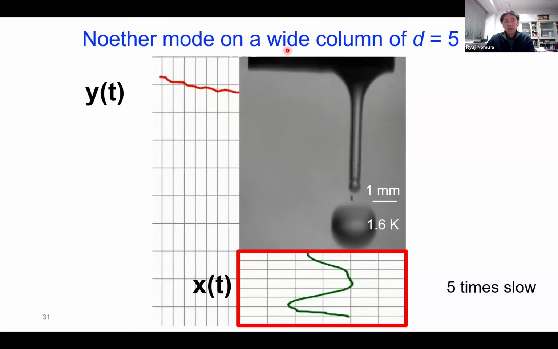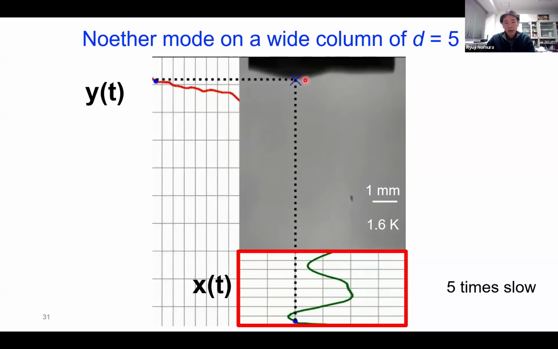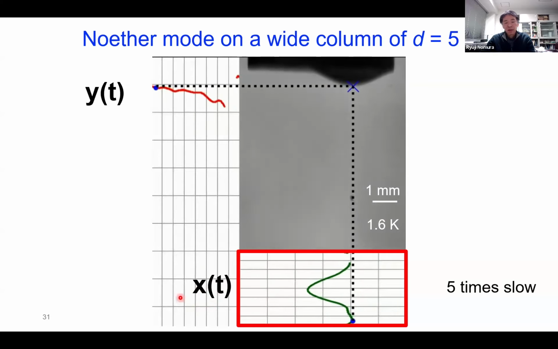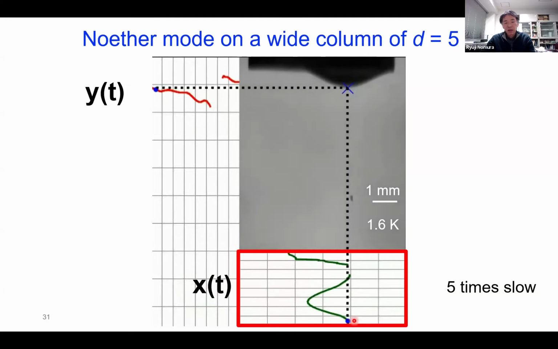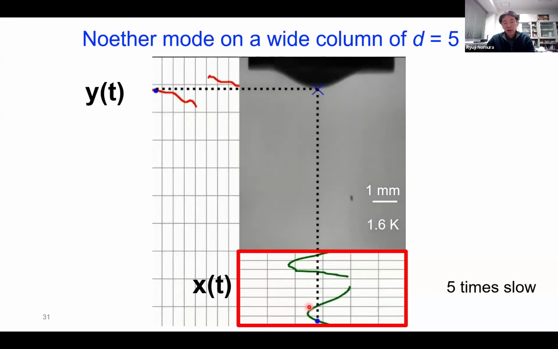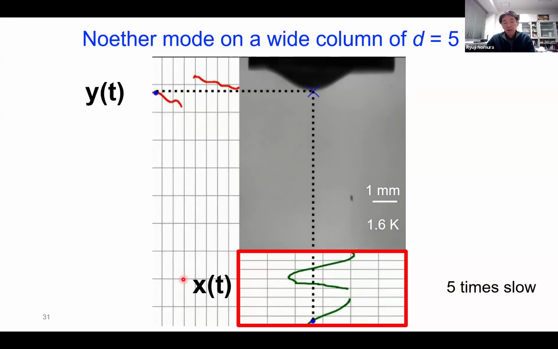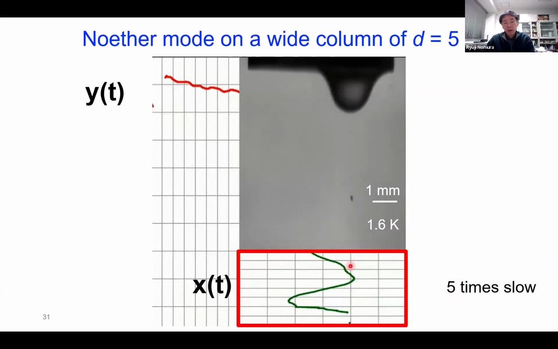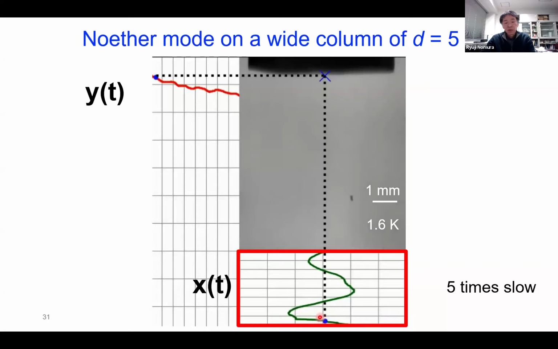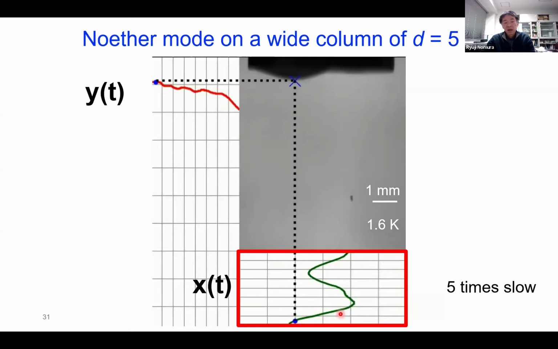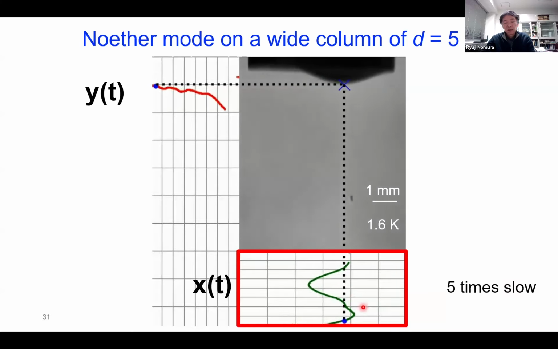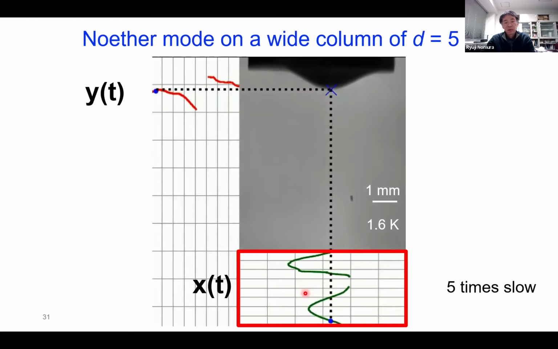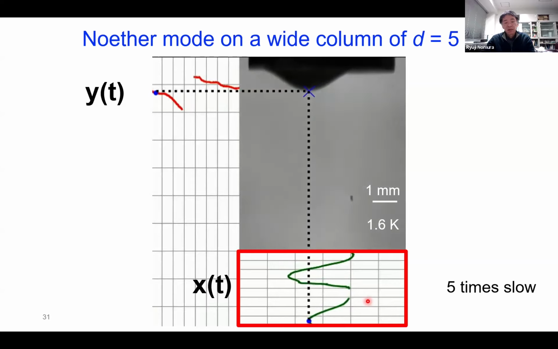So I analyzed this motion of the droplet. We measured the horizontal position x of the droplet as a function of time. It's oscillating this way. Around here, it's pinched off, then moves to the left, right, left, right.